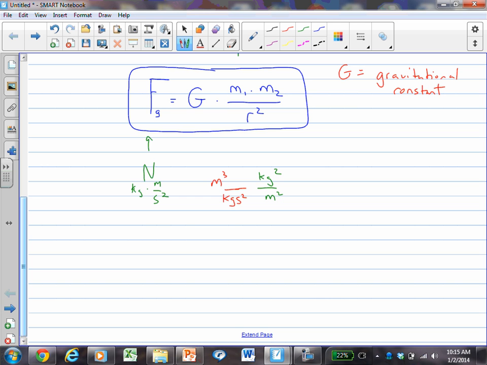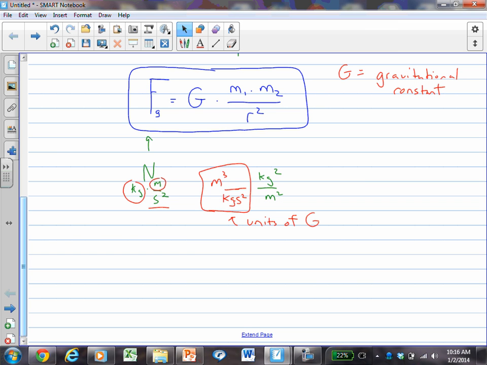So the units for G are meters cubed over kilograms times seconds squared, because meters cubed over meters squared would leave you with the meters, and kilogram squared over kilogram will leave you with kilogram, and seconds squared have to be added on there. So now we know what the units are of G, but we don't know what its value is. We have to go back to see how that's figured out.